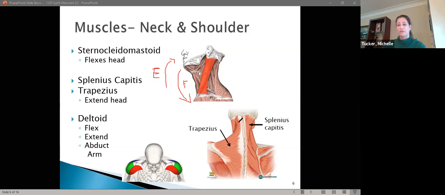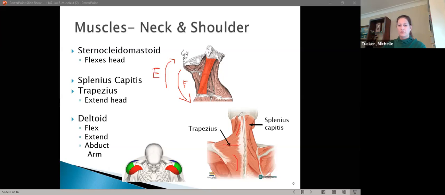Trapezius is a large superficial muscle, and it has three sections. It has an upper section, a middle section, and a lower section. But all three of these combined make up the trapezius muscle. This upper section, you can see where it attaches here. When it contracts, it extends that neck. It's going to pull that head back.